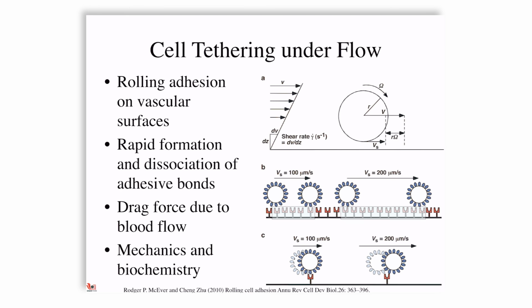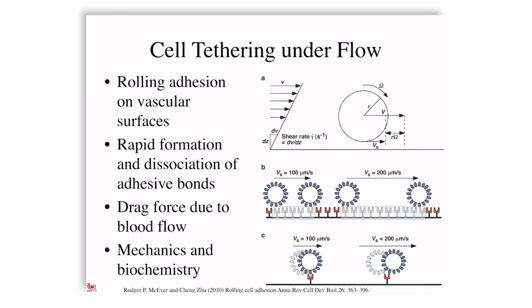So, if we treat a leukocyte for a moment as a ball or a circle rolling in two dimensions on a line which is the boundary of the blood vessel, then we get a rolling angular frequency omega, a linear translational velocity v, and a surface velocity vs.